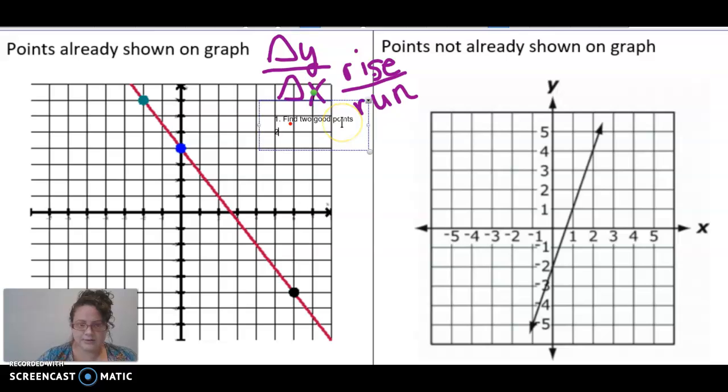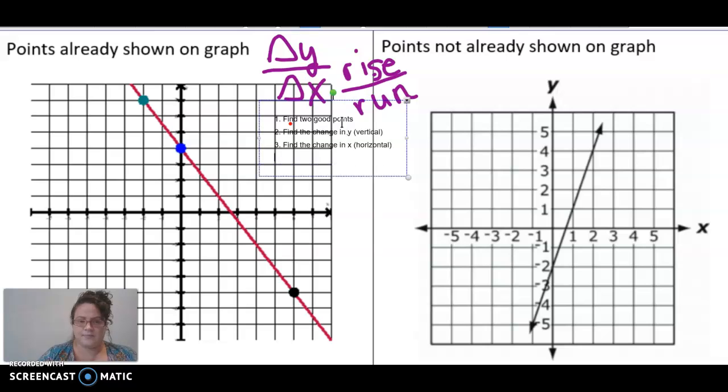All right, so the second thing we want to do is find the vertical change, or the change in y, which we sometimes call the rise. Vertical is rising. And then once we find the rise, we want to find the run, which is the change in x, or the horizontal change.